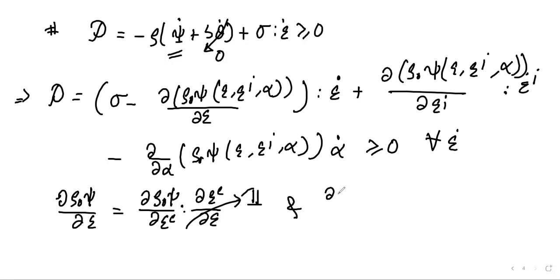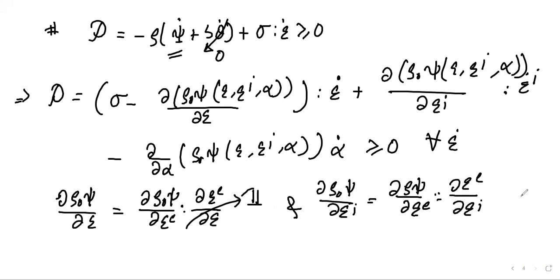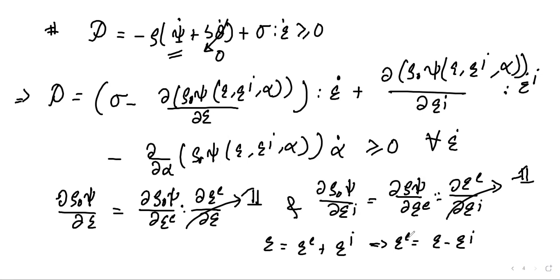Another expression that we can observe is del rho chi del epsilon I is del rho chi del epsilon E contracted with del epsilon E del epsilon I. This would yield a negative of the isotropic tensor, because remember, epsilon is epsilon E plus epsilon I. So epsilon E is epsilon minus epsilon I. So when you take the derivative of epsilon E with respect to epsilon I, we have minus the isotropic tensor.